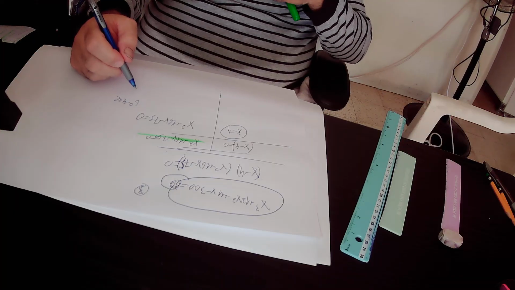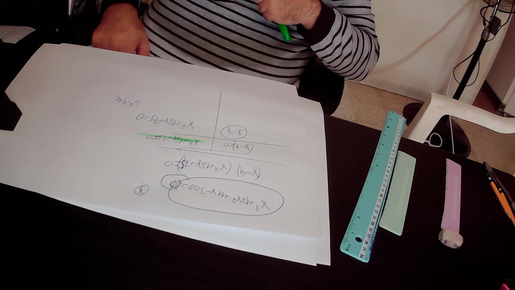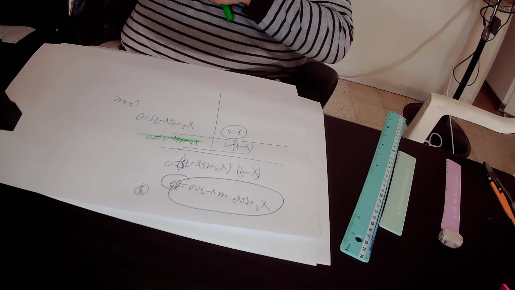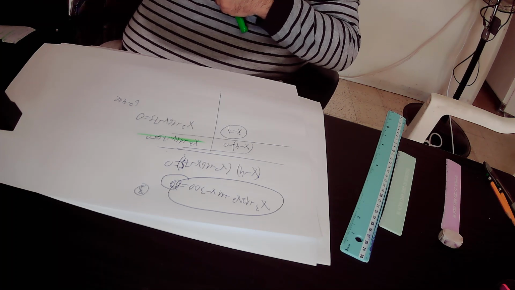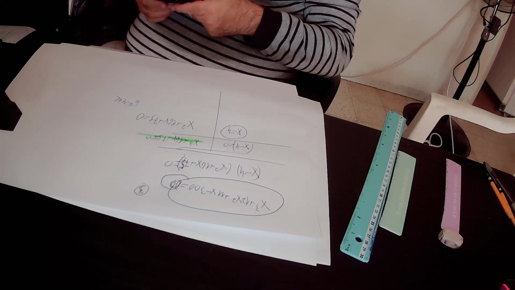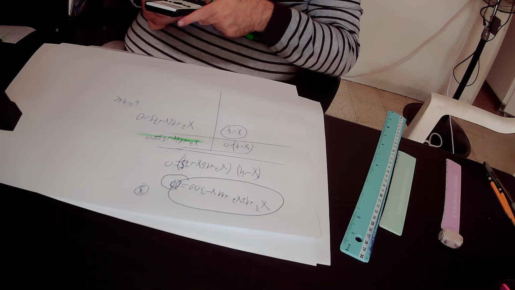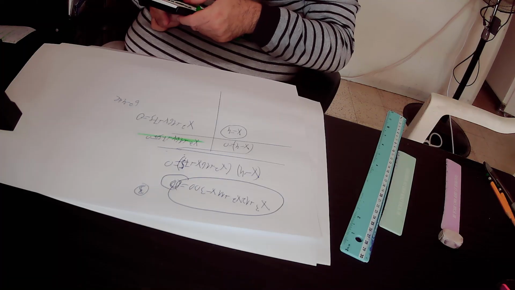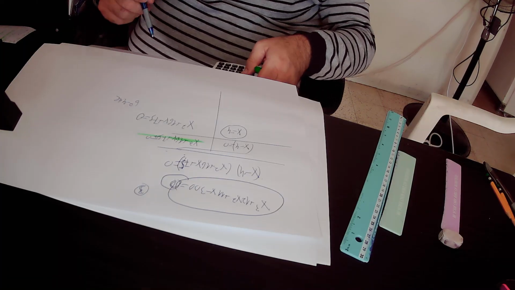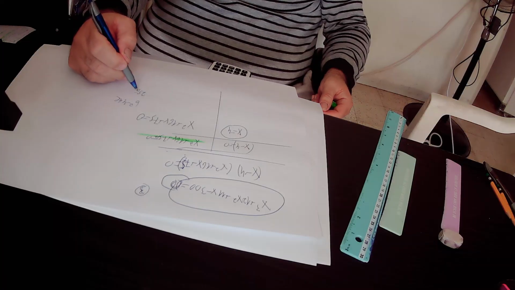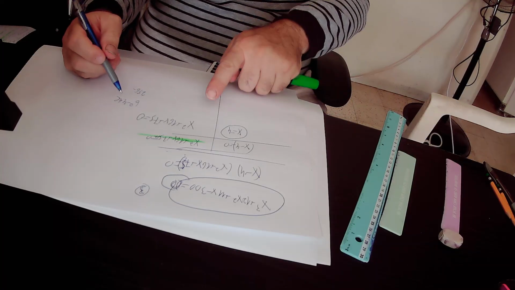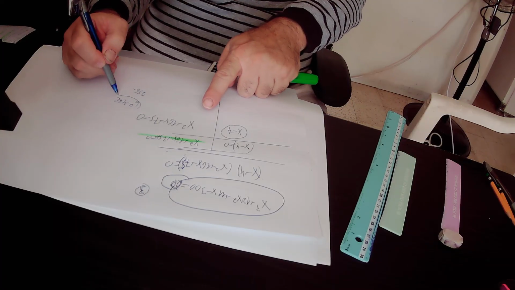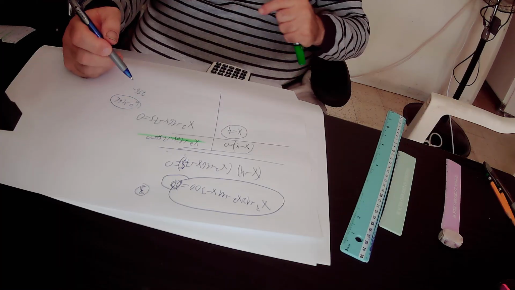B is 16, so b squared is 16 squared. And 16 squared equals 256 minus 4 times a times c. This is the discriminant of this quadratic equation.